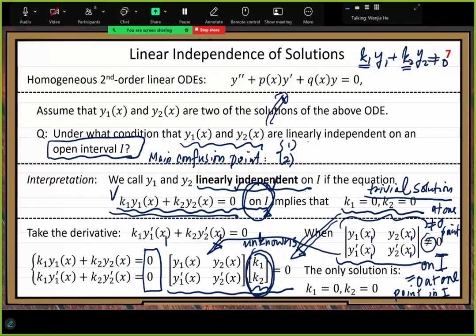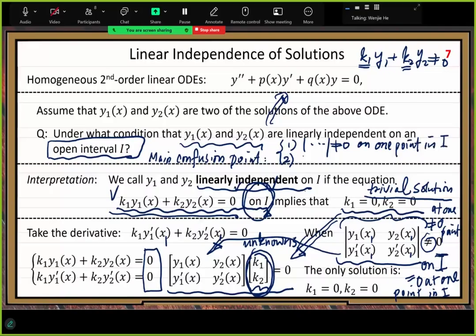So that determinant, I just represent that whole determinant. The first case: it is not equal to 0 at one point in I. Okay?